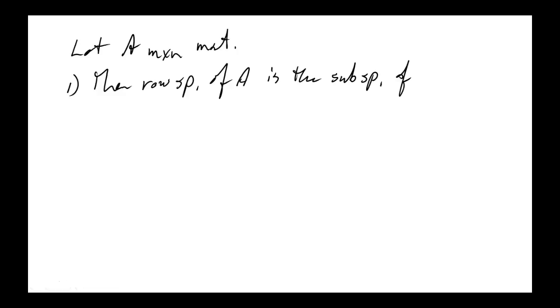A row would have one row but n columns, because this matrix has m rows and n columns, so it's a subspace of Rn, spanned by the row vectors of A. The row space of A is the subspace of Rn spanned by the row vectors of A. Does that mean that those vectors are a basis for that subspace?